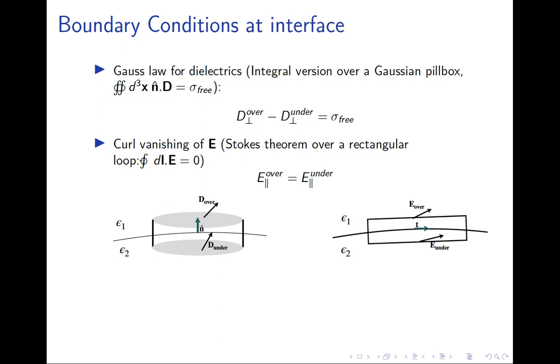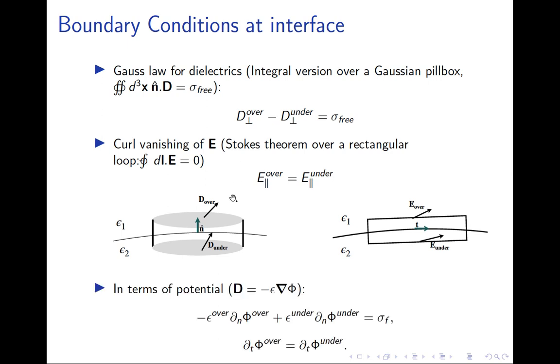And then for the linear case, we know that D is equal to epsilon times E, and E equals minus grad phi. So this is the linear isotropic dielectric condition. If we plug it in here, we get a condition for the potential. The potential tells you that the tangential derivative, that is the derivative in this direction, is continuous.